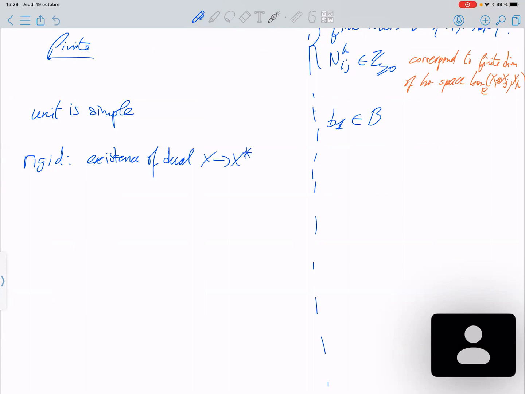So dual of each object, which is existence of two morphisms, evaluation map x star tensor x to 1, coevaluation map 1 to x tensor x star, plus zigzag relation.